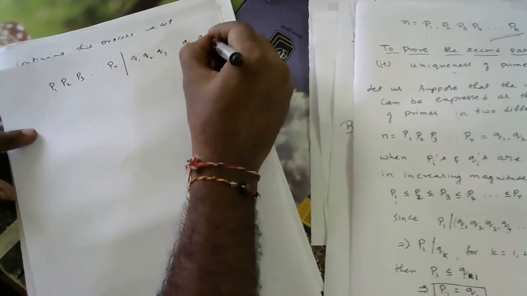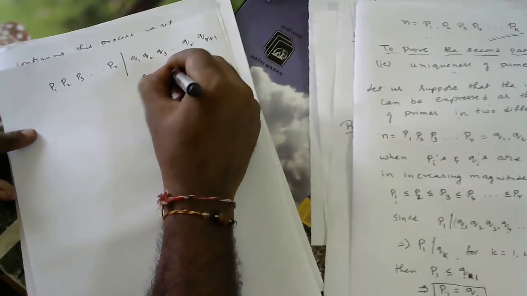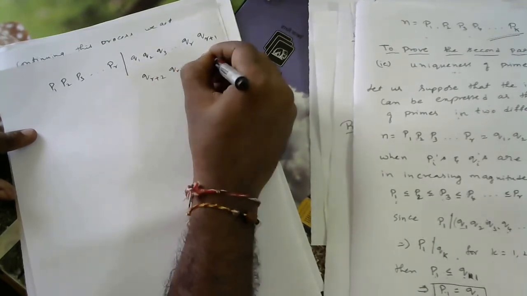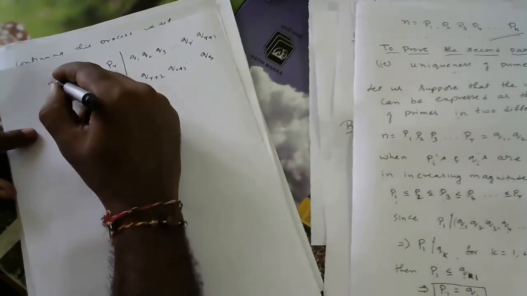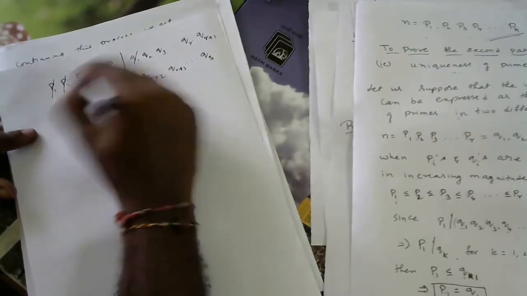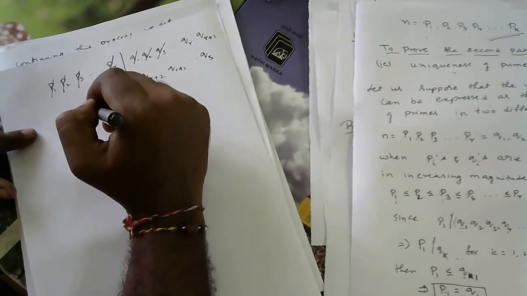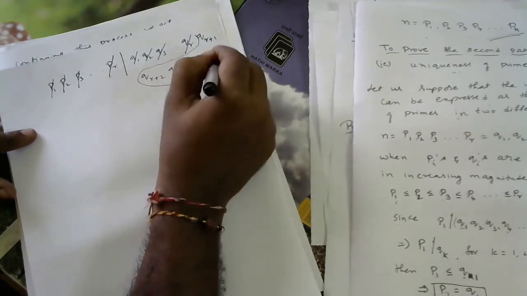Next you'll get Q suffix R plus 1, Q suffix R plus 2, Q suffix R plus 3, so on up to Q suffix S. So here this divides this divides this, and here P suffix R divides Q suffix R, but here it will be remainder here.